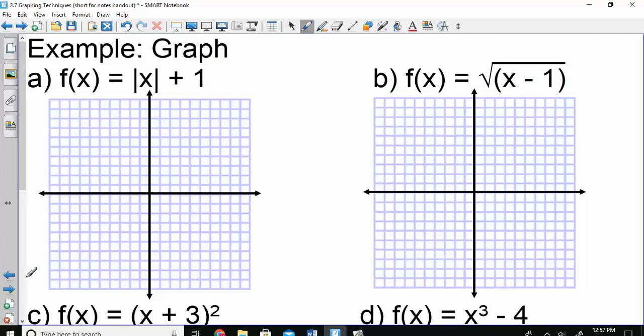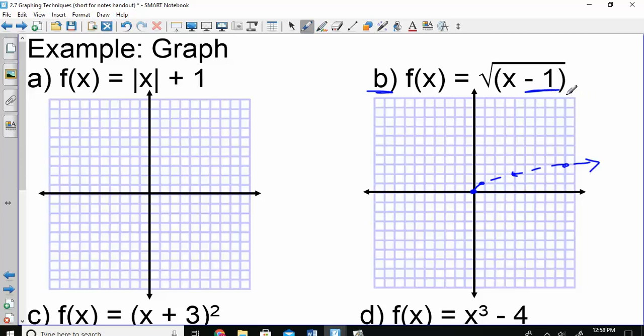So let's look at this example. I'm going to kind of just mix up some of the different ones, so we may not do all of these. We're going to do a few of them. Let's do, what would 1 do? Or the first one here? Up 1. Let's look at B. What is my parent function? Square root. So square root of 0 is 0, 1, 1, 4, 2, 9, 3. This one is under the square root. So it's on the inside.